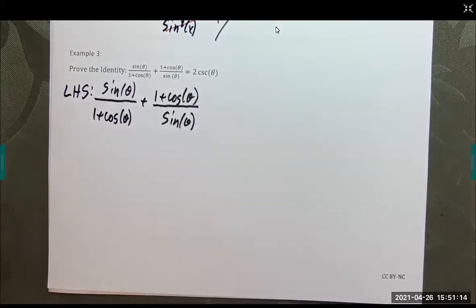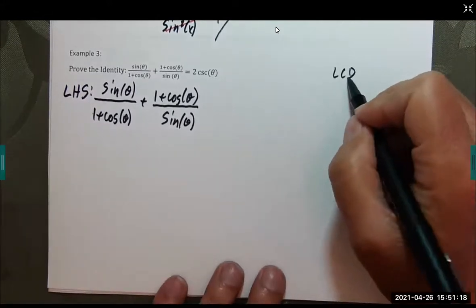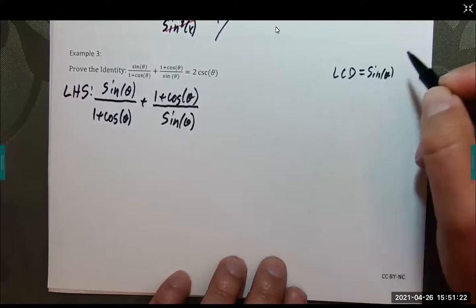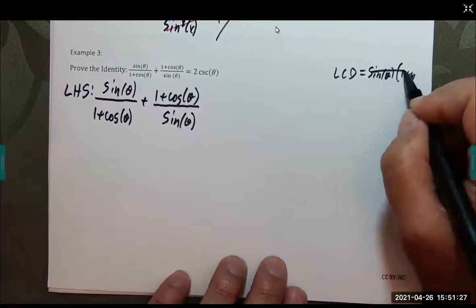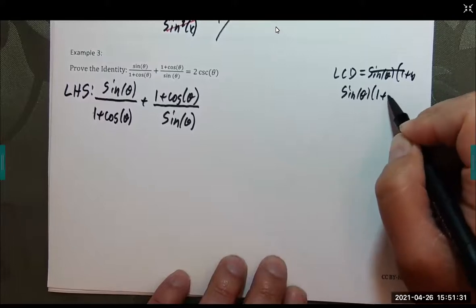And I'm going to note that the LCD, the common denominator, in this case, is sine theta times 1 plus cosine theta.